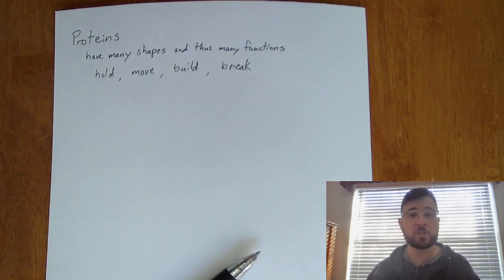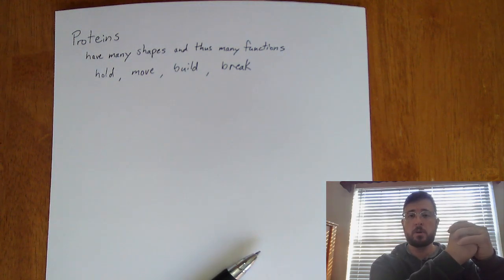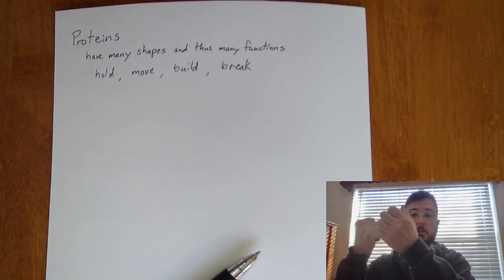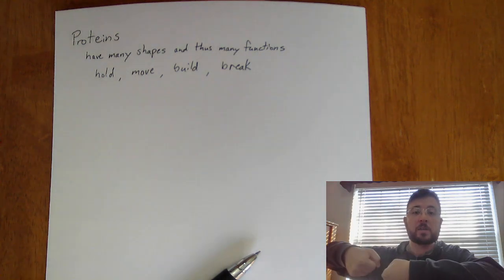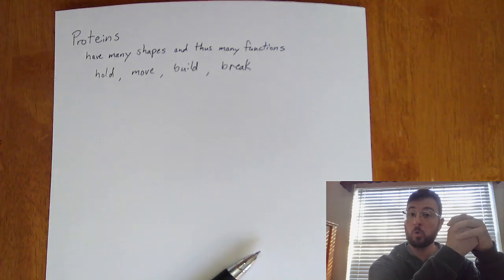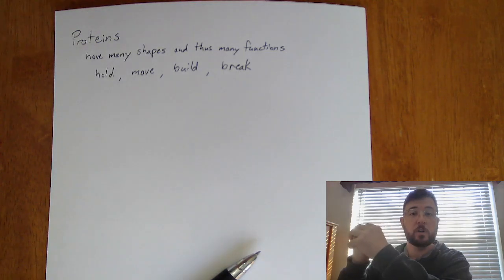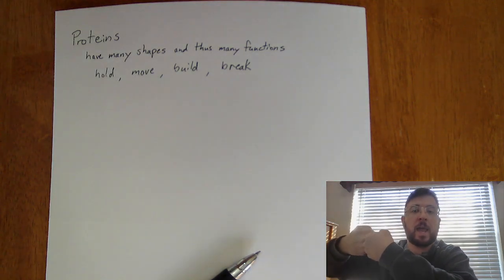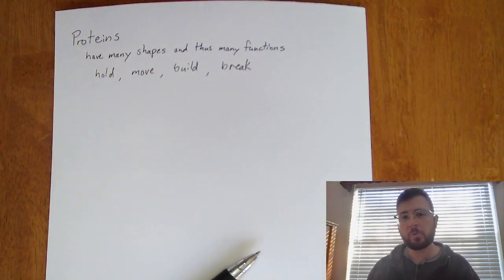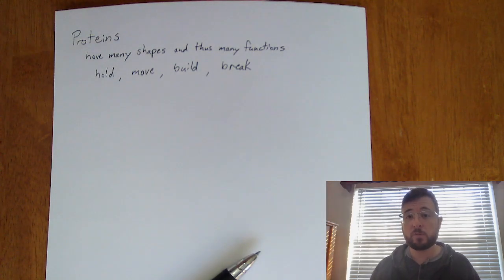And there's a hand motion that you can use to help you remember this. They hold, move, build, and break. All proteins will have one of those functions, or I should say most proteins are going to have some version of those.